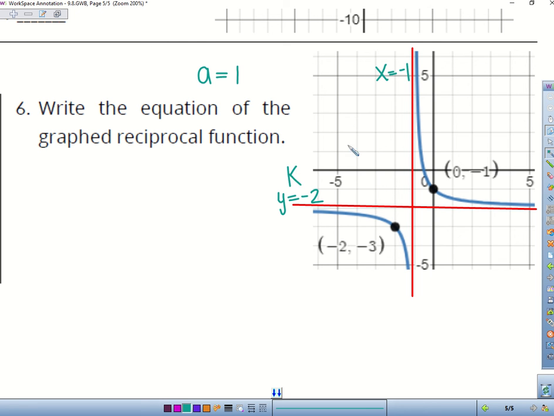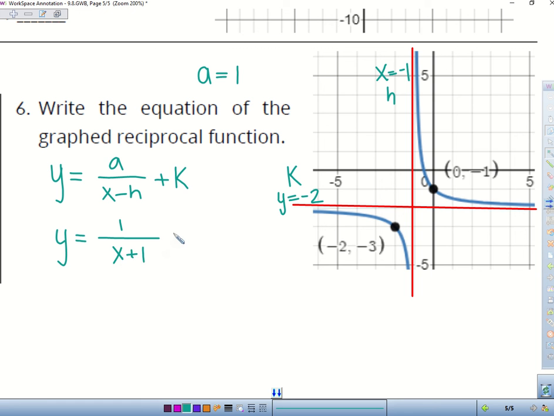So we know that x affects the h and y affects k. The general equation is y equals a over x minus h plus k. We already said the a is 1. Now the h is -1, but it's really going to be +1, and then the k is just going to be minus 2. So that's how you can work backwards.